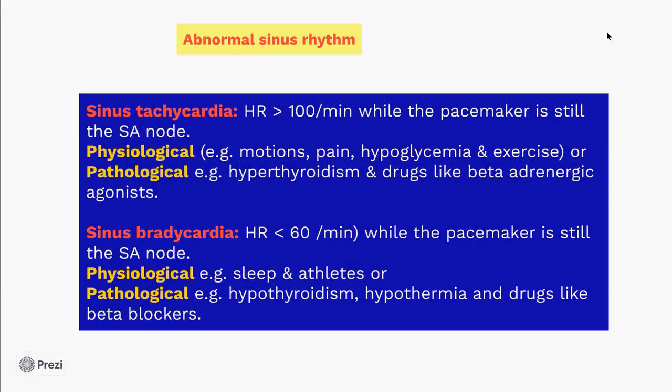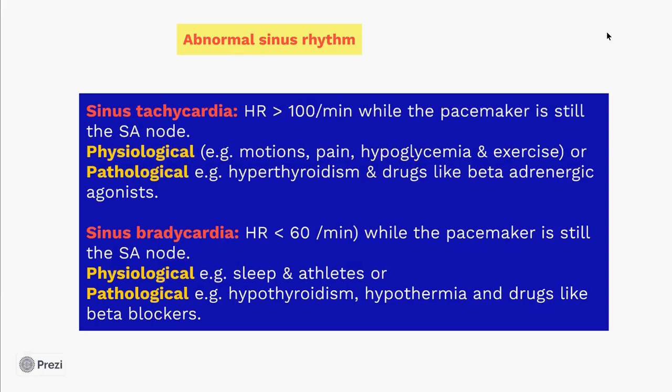So the normal heart rate is 60 to 100. Anything above 100 or below 60 is abnormal. Above 100 we call it tachycardia, fast heart rate. Below 60 we call it bradycardia, slow heart rate.